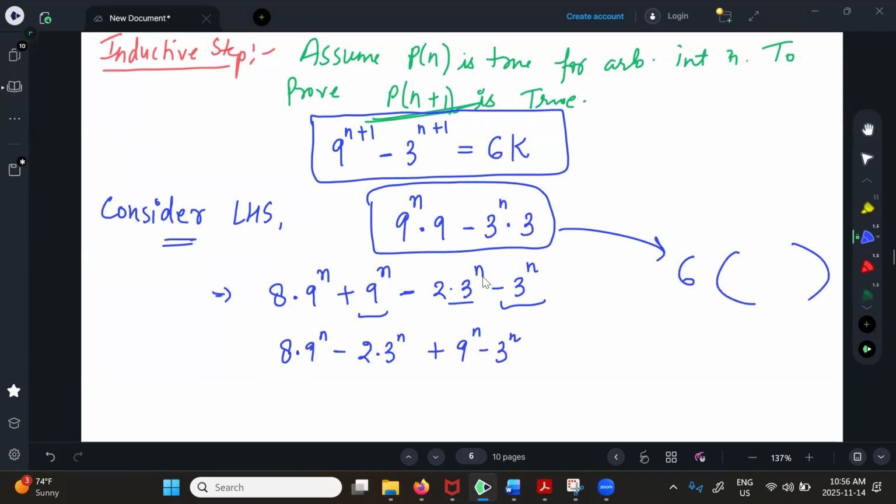You have to get 6 common somehow. Now don't do some sorcery. I need a proof, okay? Logical proof following through. So you're almost there. But I need 6k.